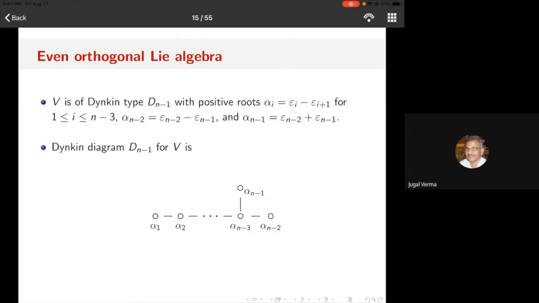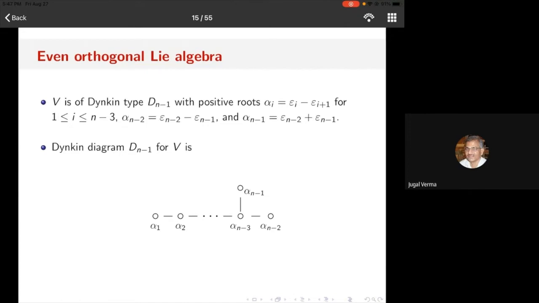And this D_{n-1} has roots alpha_i, which is epsilon_i minus epsilon_{i+1}, and the other two roots are alpha_{n-2} and alpha_{n-1}. Then we can represent those roots by a diagram called the Dynkin diagram.